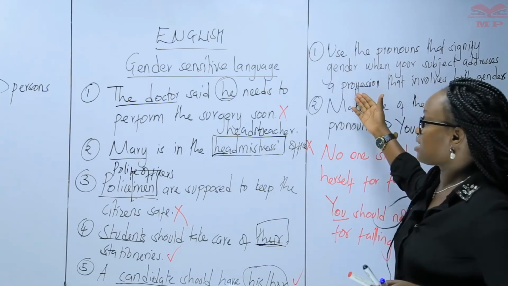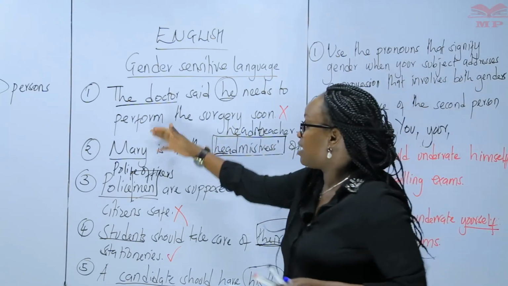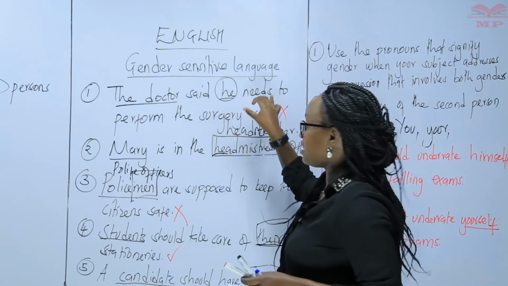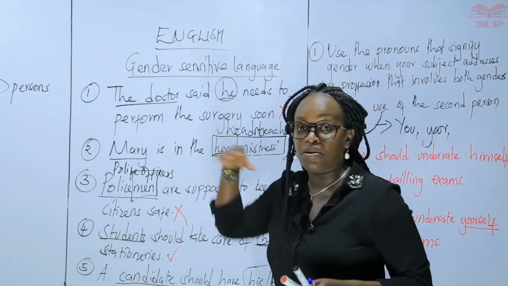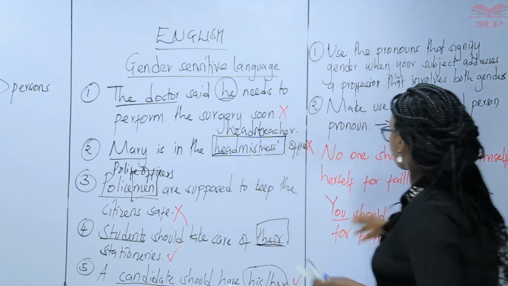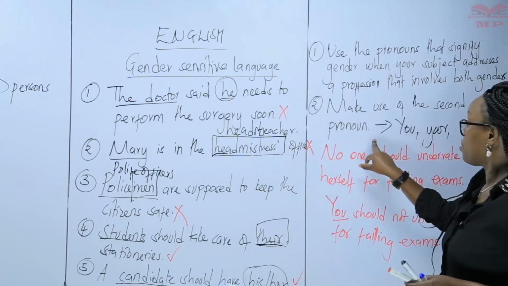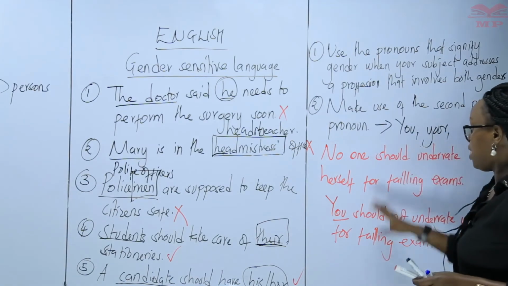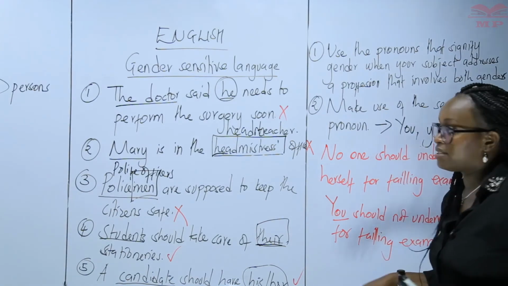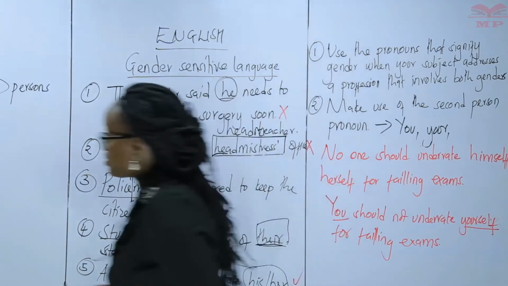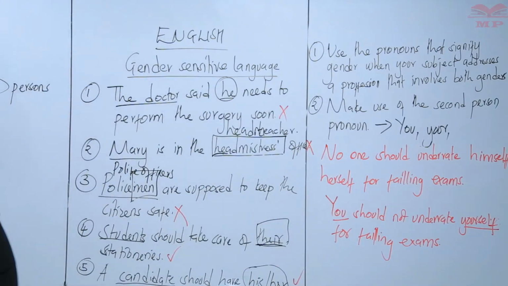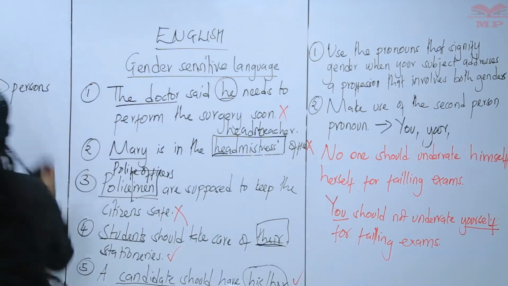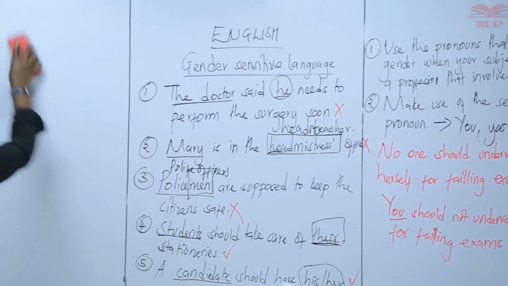In such a sentence, you could have said, the doctor said he or she needs, because doctors can be men and they can also be women. We said you could also make use of the second person pronoun, that is you and your. And then I gave an example of a sentence there. And then I also said, the third one, that when you, I'm sorry, let me just write it out for you here. The third point that we discussed.